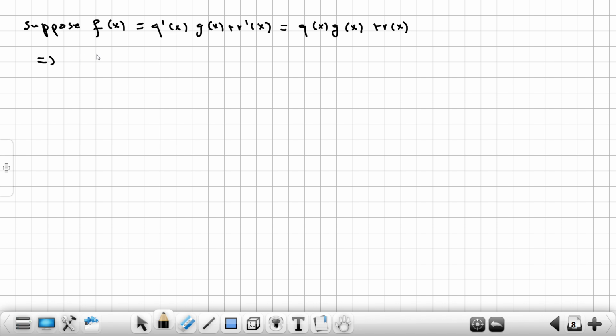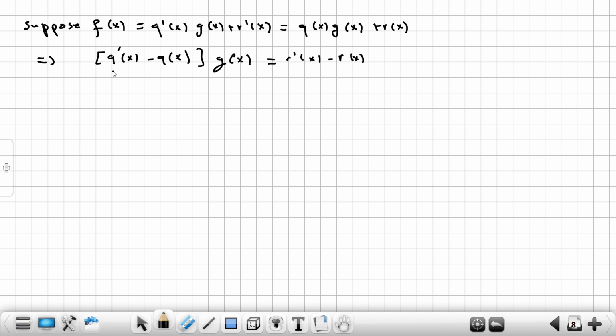Suppose that q prime and q are not equal, so this difference is not equal to 0, and the degree of this difference is well defined. Then q prime minus q, times g of x, is equal to r prime of x minus r of x.